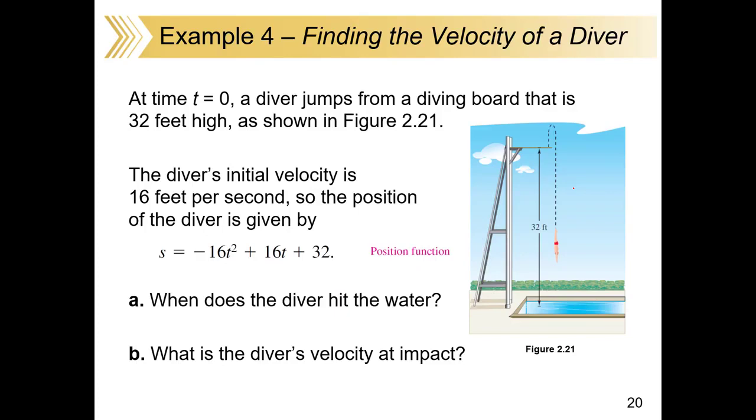So let's get a little bit of a picture going here. I don't know if you've ever done any diving, but here's a picture of someone diving off a diving board. And what we're told is the diving board is 32 feet above the water. So the diver's initial velocity is 16 feet per second. Now if you watch some of those competitions, you'll notice that they don't just drop off usually.